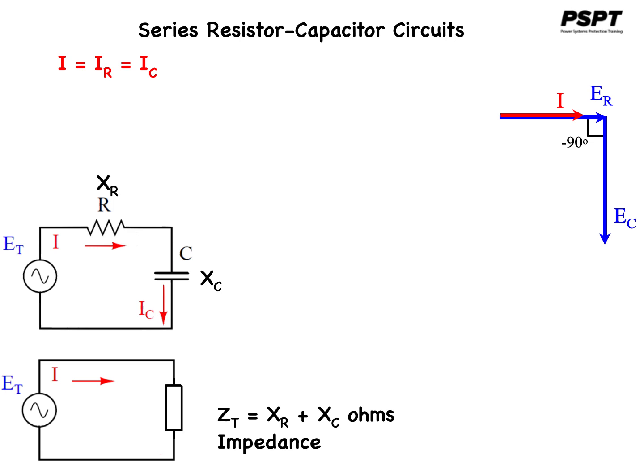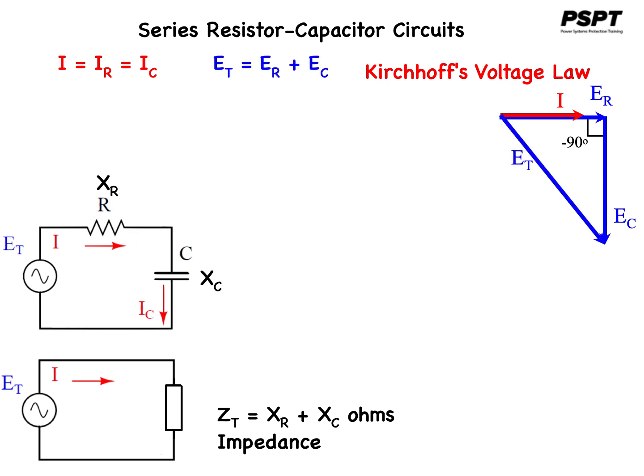And the impedance of the circuit is made up of the vector or phasor sum of the impedance of the resistor and the capacitor. Kirchhoff's voltage law also tells us that the sum of the voltages in the series circuit has to add to zero. Therefore, the sum of the voltage drops on the resistor and the voltage drop on the capacitor is equal to the source voltage, which is ET.